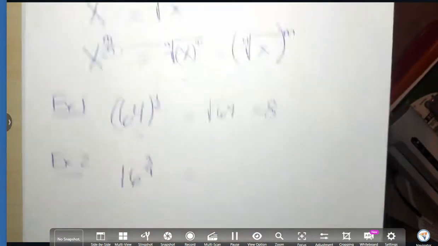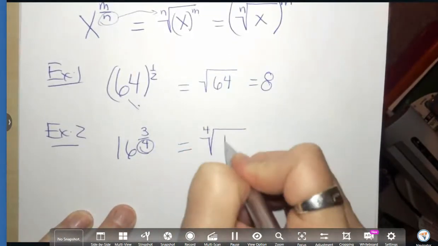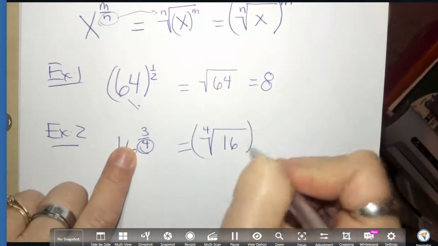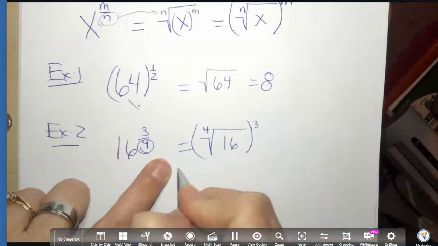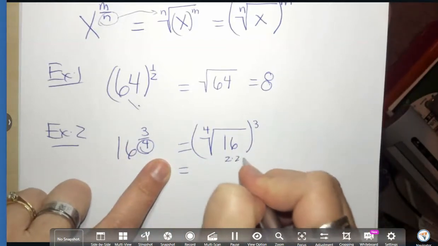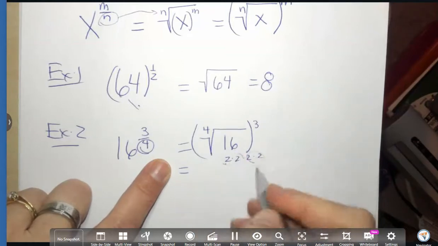All right. So 4, that's going to be my index. 16, and then I'm going to cube whatever I get. So that would be equal to, well, this is 2 times 2 times 2 times 2, because 4 times 4 is 16.